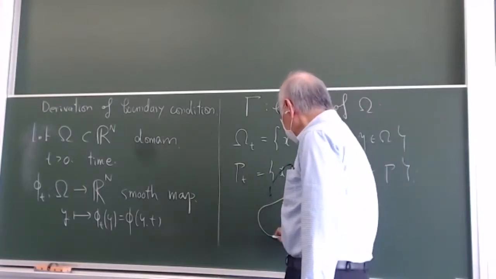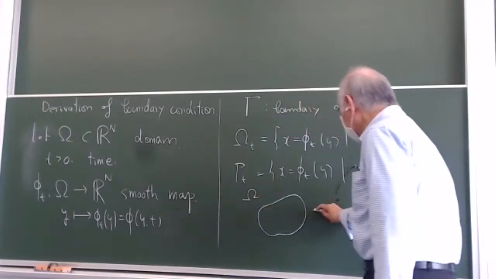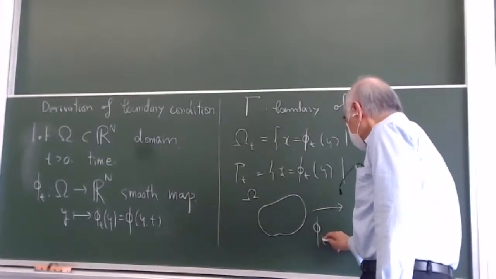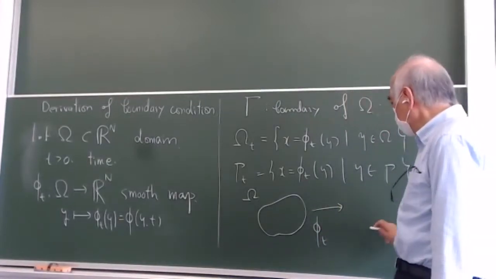So the situation is, omega is here. And then consider the map phi_t.